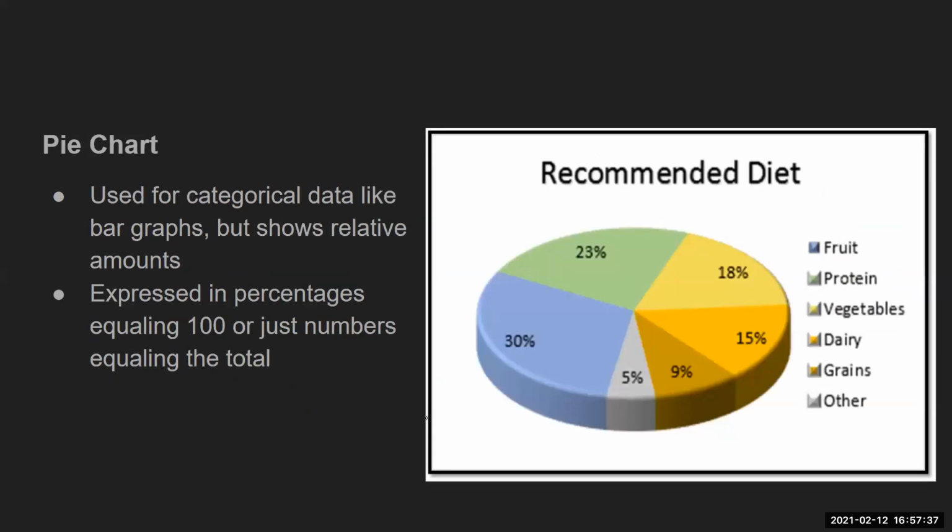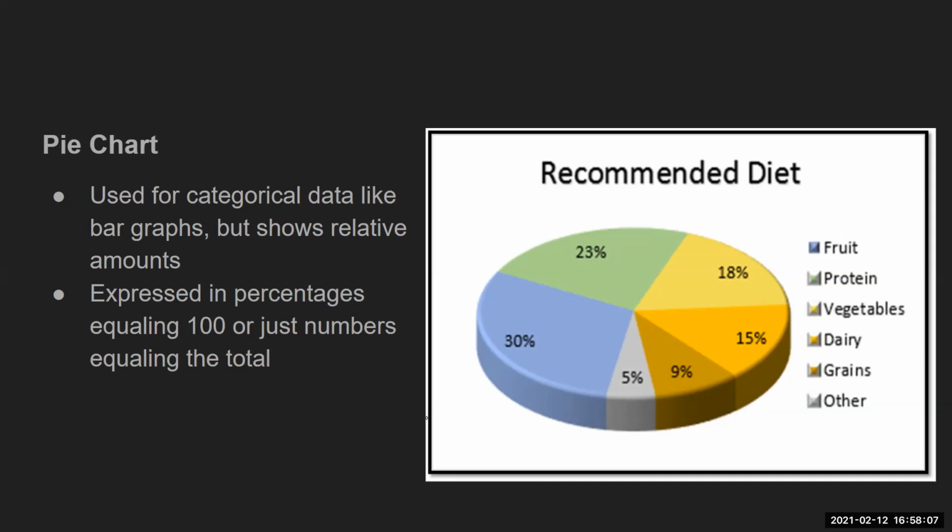Another kind of chart you might see is a pie chart. It is used for categorical data, just like bar graphs were, but it's going to show you the amounts relative to each other. Instead of individual bars, we're putting it all together as pieces of a pie. The numbers on here are either going to be percents, or it might just be numbers that when you add them up equal the total number of whatever the thing is you're looking at.